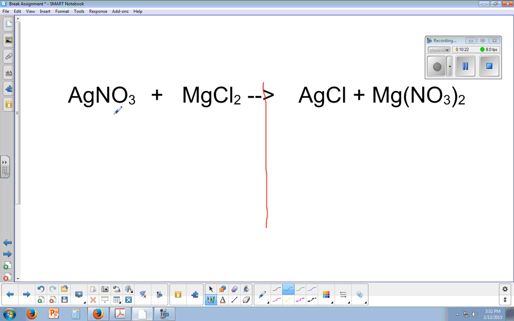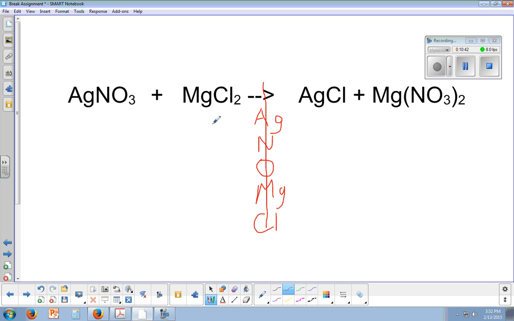Let's split this down the middle. So we have Ag, we have N. First I'm going to split them up. I have O, I have Mg, and I have Cl. So I have a bunch of elements here. And just because I have a lot of elements doesn't mean it's necessarily going to be harder, just to give you a heads up.